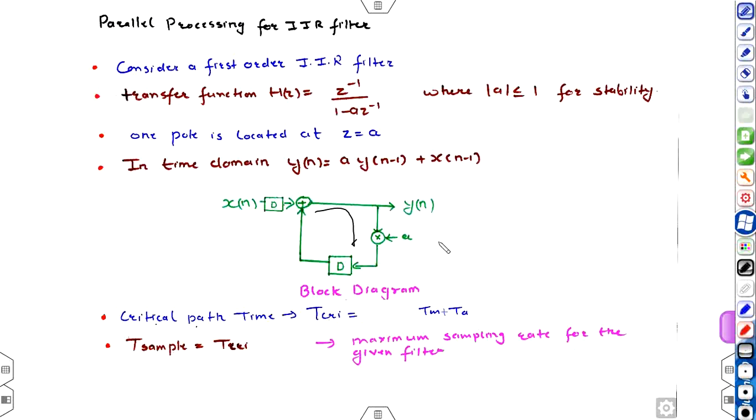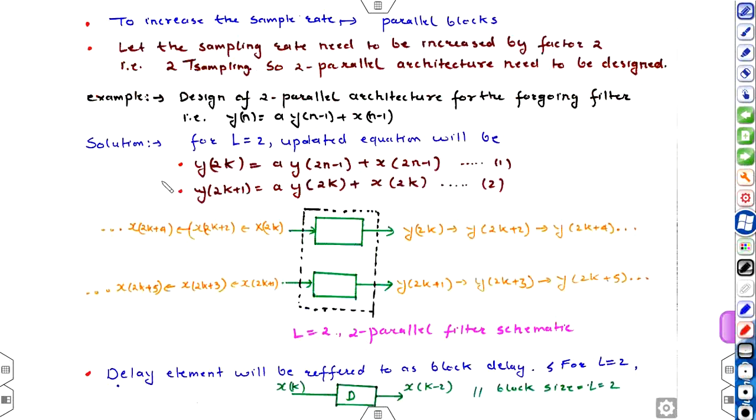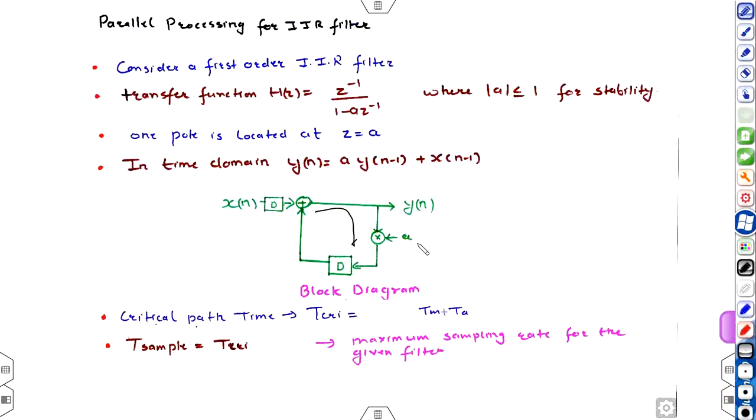Pipelining of a given IIR filter has already been discussed in my previous video lectures, where the look ahead transformation technique was used, and the same technique will be used for deriving the parallel blocks for the same filter. Suppose I want to increase the sampling rate by a factor of 2. Then I have to derive a two parallel architecture for this filter.